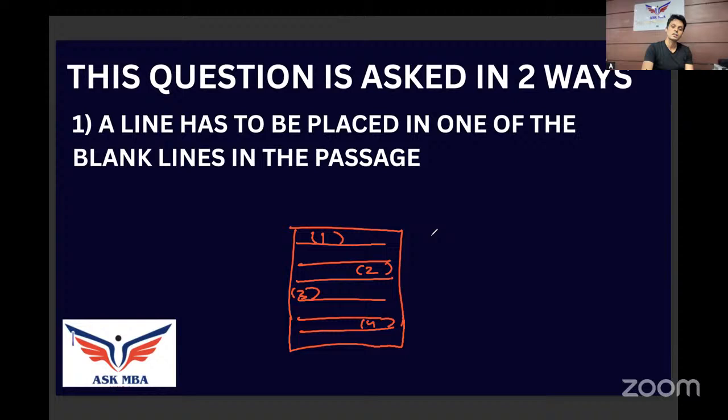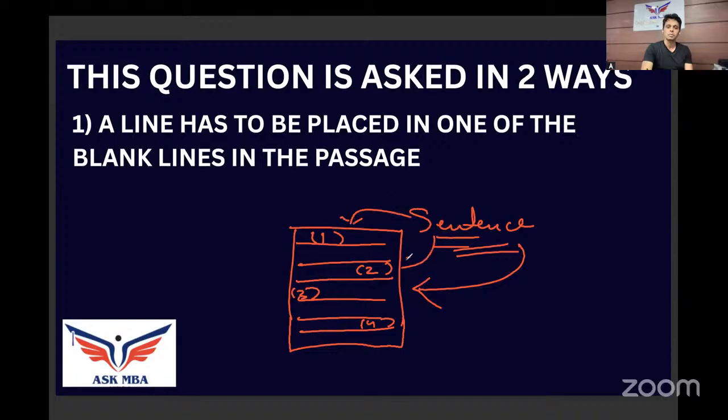And for these blanks, guys, you got one sentence. This one sentence has to be filled in these four blanks. That means this one sentence can be put into blank one, blank two, blank three, or blank four. So out of these four blanks, this one sentence has to be put in.